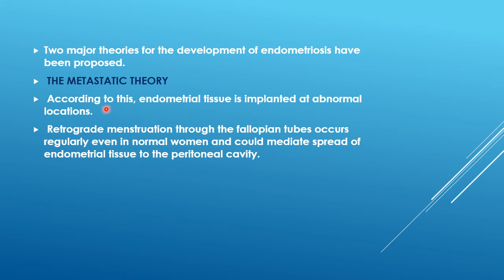How? Retrograde menstruation through the fallopian tube occurs regularly even in normal women, and it could mediate the spread of endometrial tissue to the peritoneal cavity. So this is one theory regarding endometriosis, and it is named the metastatic theory.